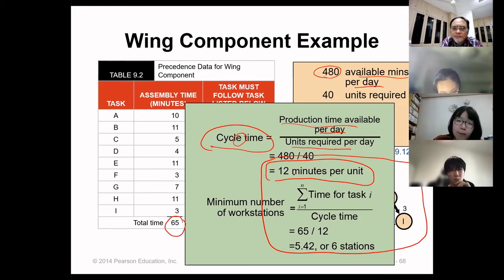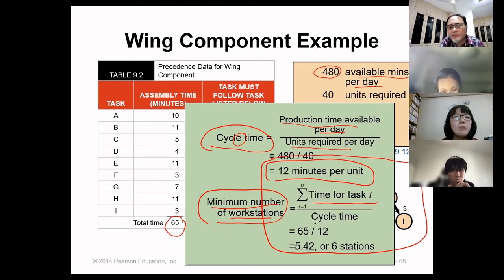So from here, what we want to determine is the minimum number of workstations. This will also determine the number of workers, basically. The minimum number of workstations is given by the formula: total time for tasks, that means the total time 65 here, divided by 12 minutes per unit.